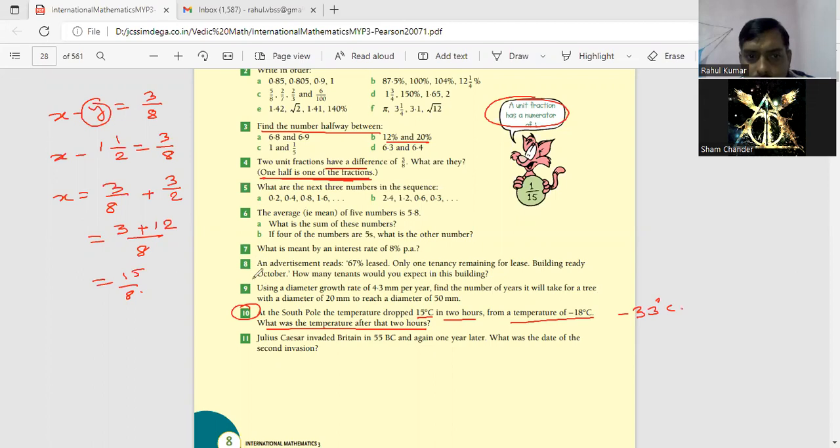Good. Question number 9. See, using a diameter growth rate of 4.3 mm per year, find the number of years it will take for a tree with a diameter of 20 mm to reach a diameter of 50 mm. So it grows 4.3 millimeters per year, and it's already at 20 millimeters. So we need 30 millimeters. One minute, sir, let me do it.